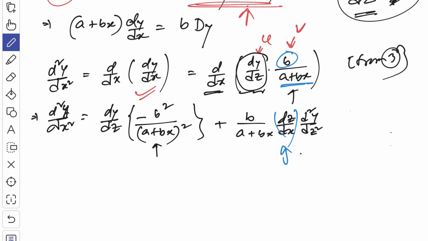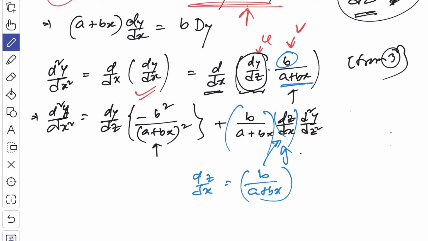So dz by dx is again b by a plus bx. If you put that there, and there is also b by a plus bx, b by a plus bx into b by a plus bx, that's going to be whole square, right?